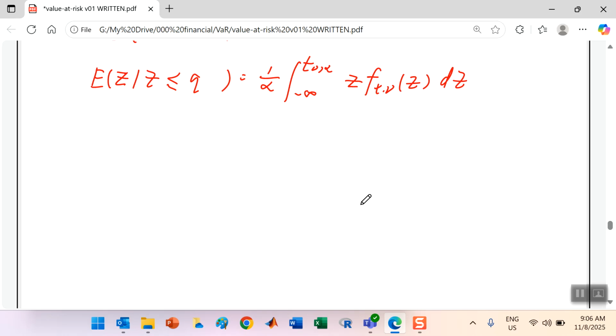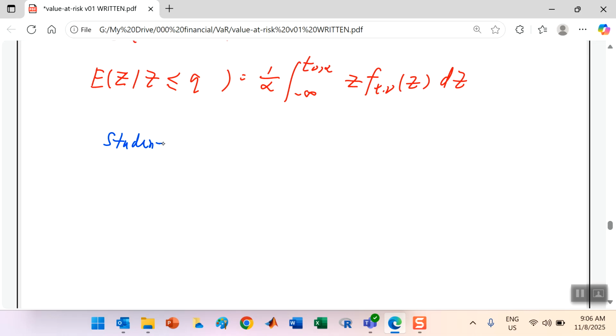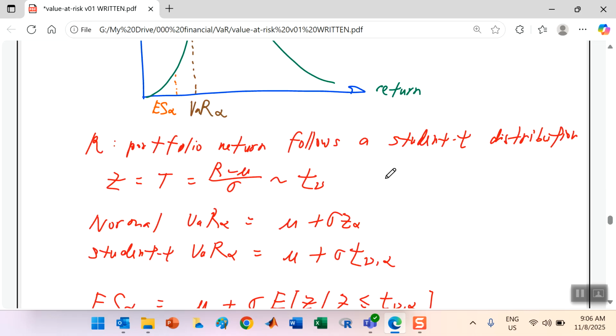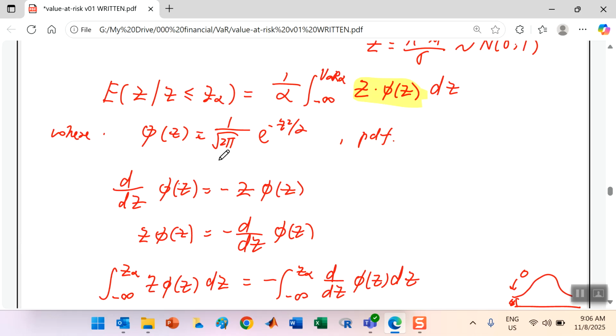Now we're going to find out this particular integral. We use the student T PDF, using exactly the same method. For the z value, we used the PDF of the standard normal variable.